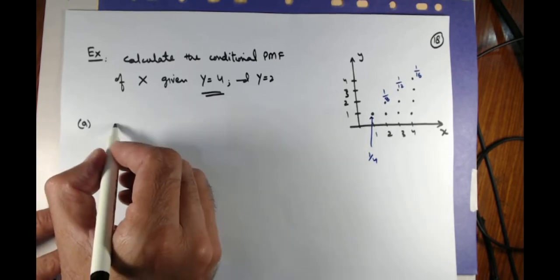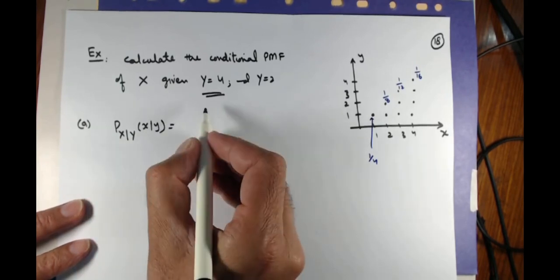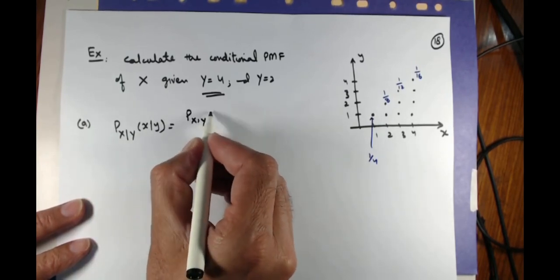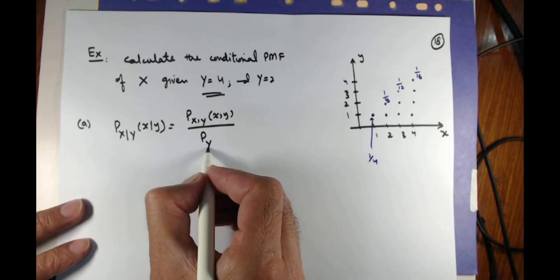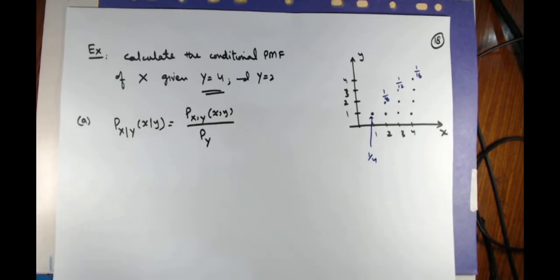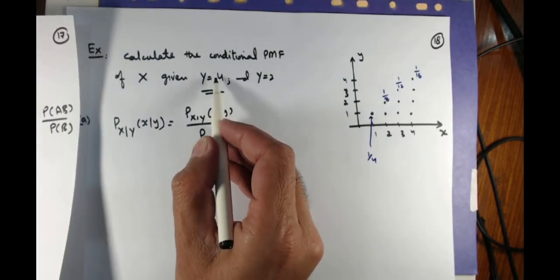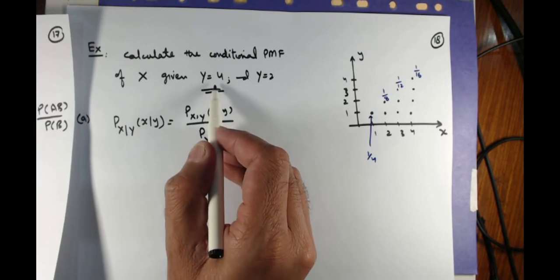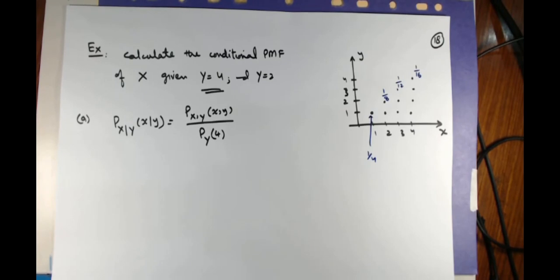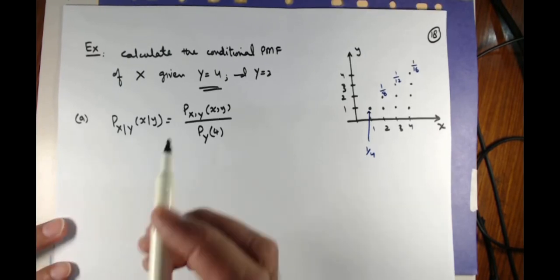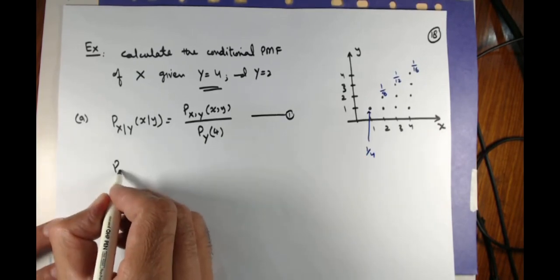The formula should be P sub X given Y of X given Y, and that is equal to the joint distribution of X and Y divided by P sub Y of Y. Note that we want to find the conditional probability of X given Y is equal to 4, so we'll use P sub Y of 4 as the denominator. Okay, so this is our formula. What is P sub Y of 4 here?